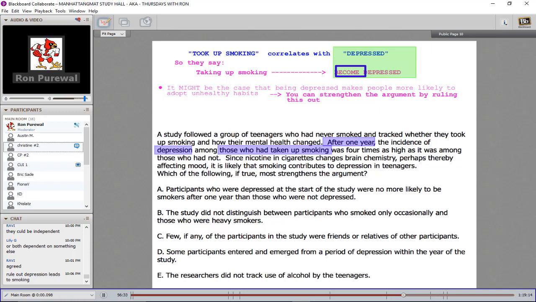I guess you could also think about the correct answer in other terms too. They're saying that smoking actually makes people become depressed. But if you look at their data, they just look at people who were depressed at the end of the study. Like, what did they not look at? If you were depressed at the end of a study, does that mean that you became depressed?